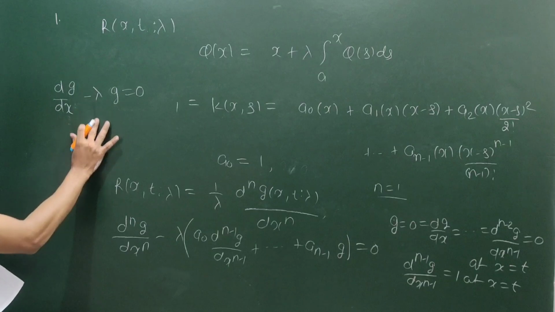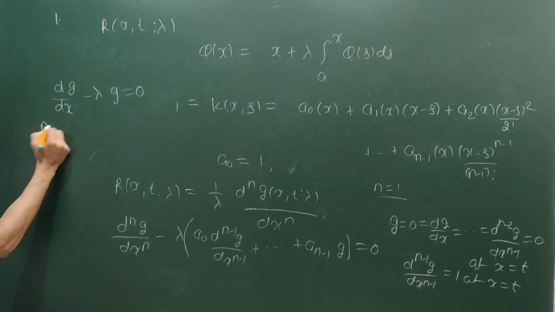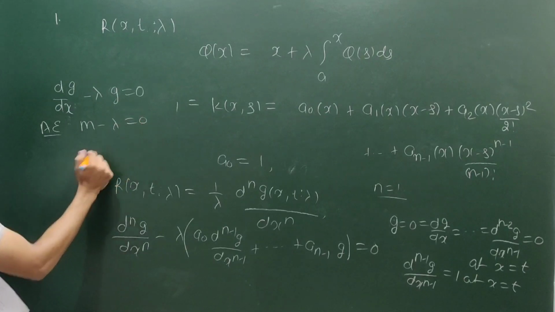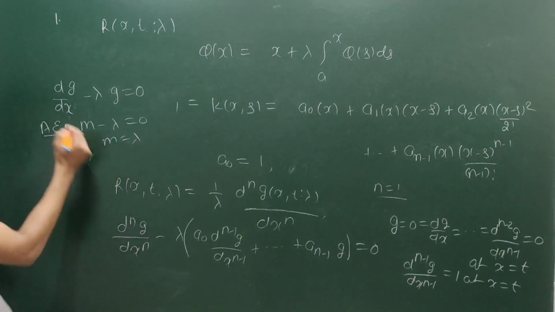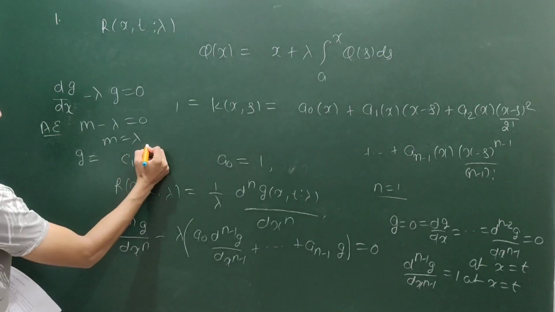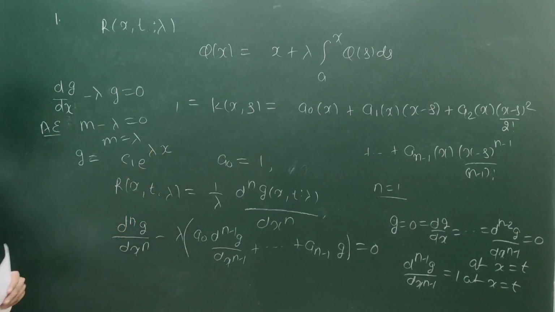This is your differential equation. If you find the auxiliary equation, it will be m - lambda = 0, so your root is m = lambda. So your solution will look like g = c1 e^(lambda x).